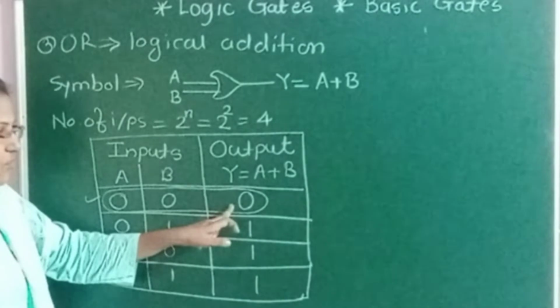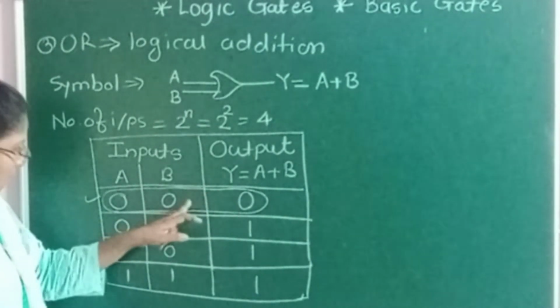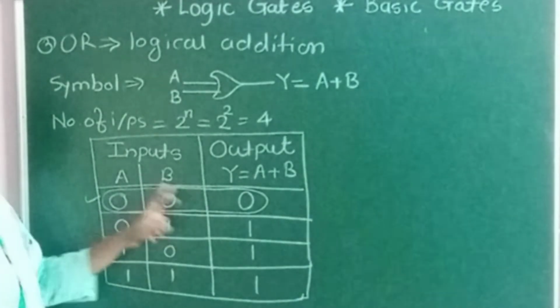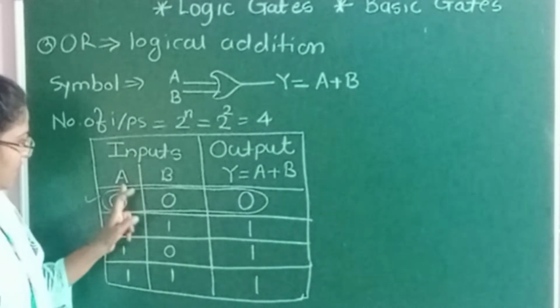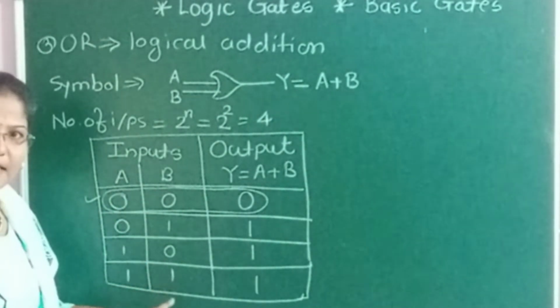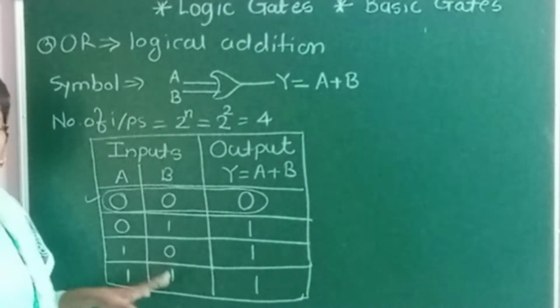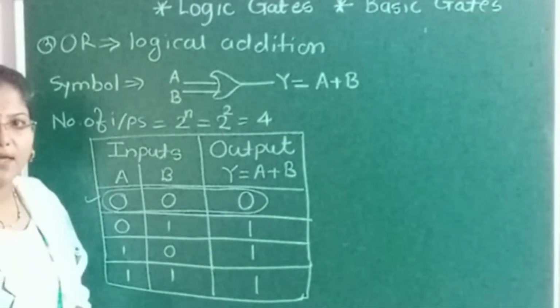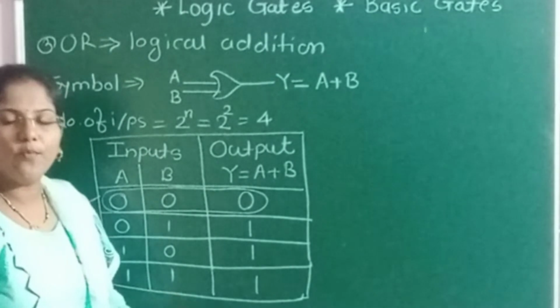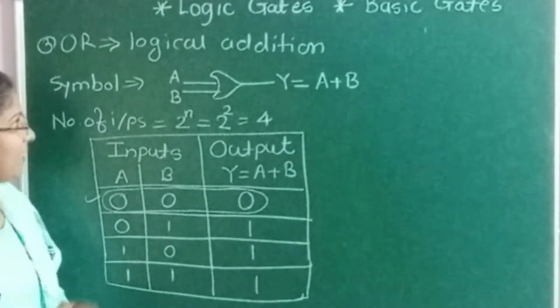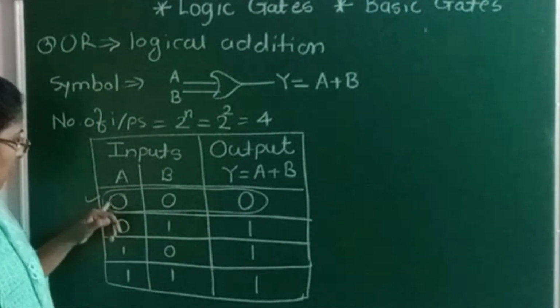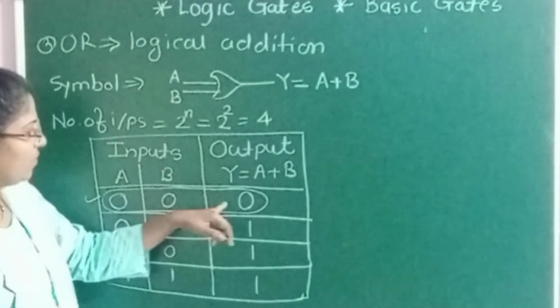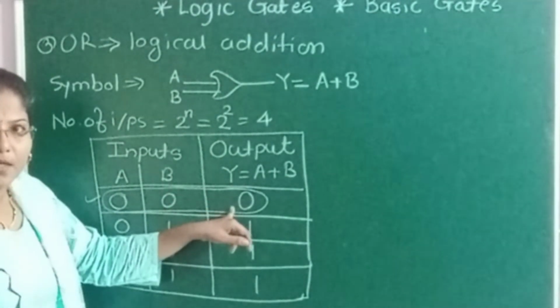So just try to remember the difference between AND gate and OR gate. AND gate is used for multiplication. If all the inputs are 1, then only the output of the AND gate is 1. And in the OR gate, if all the inputs are 0, then only the output is 0.